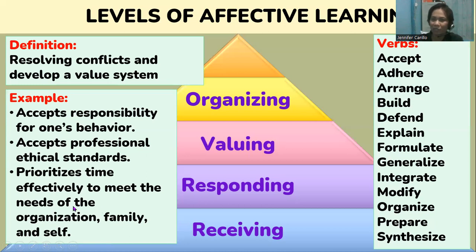So another one is your choices, like the comparison between your friends, or your family, or studying for the exam. So that is organizing your values and developing a value system.